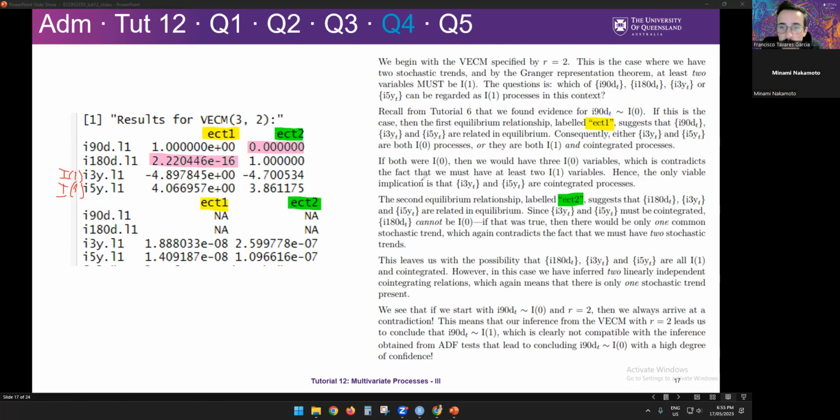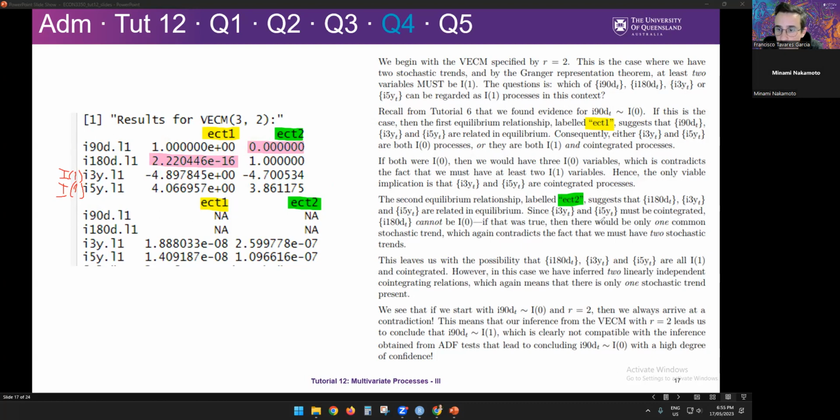Sorry, the second equilibrium relationship: the variables are related in equilibrium. Since I3 and I5 must be co-integrated, I80 cannot be I0.